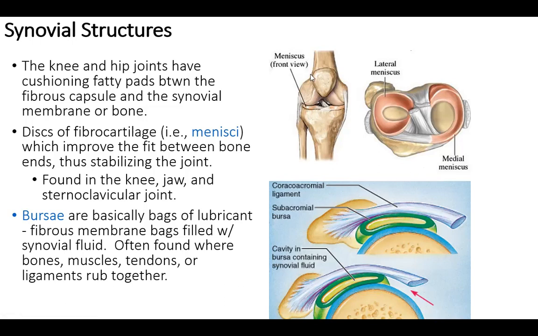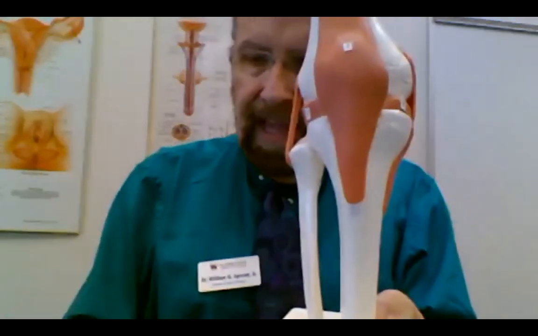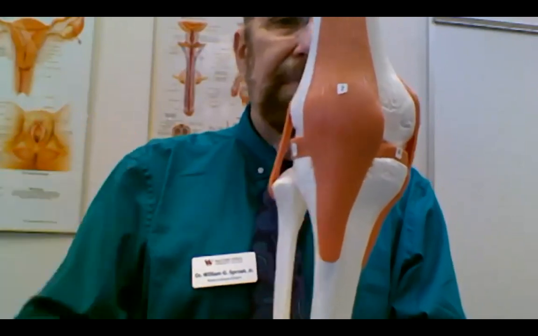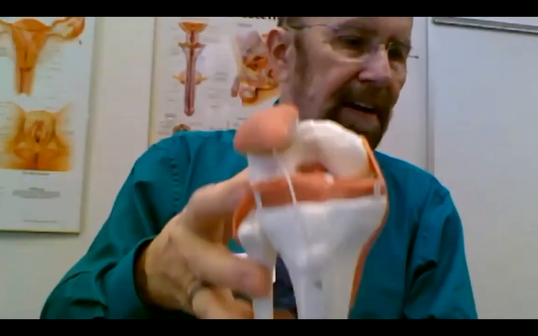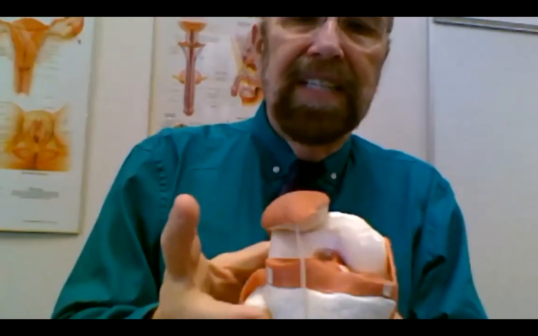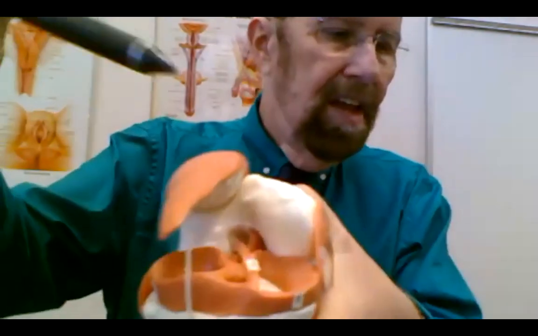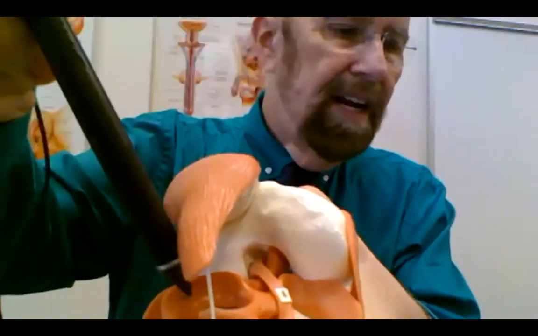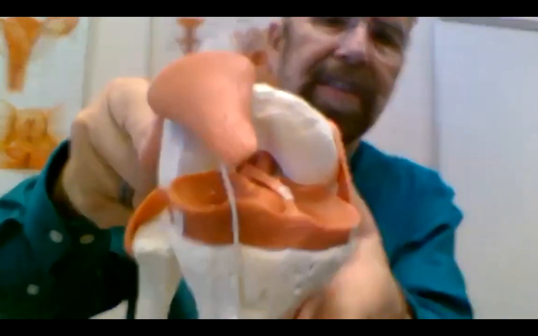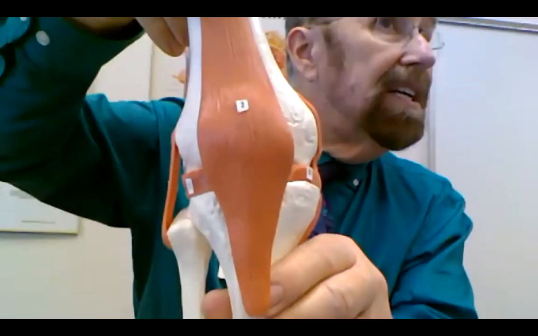Let me show you. This is our knee, and this right here is a pad. Let me bring this out. There we go. You see the two pads here, one on the left side and one on the right side. These are called the menisci. The meniscus sits on top of the tibia, and the femur sits on top of the meniscus.